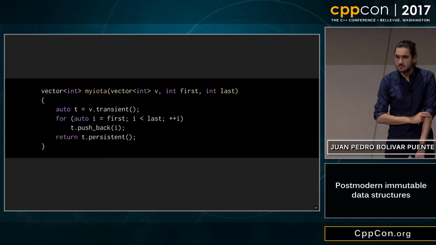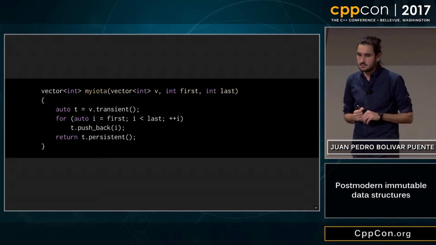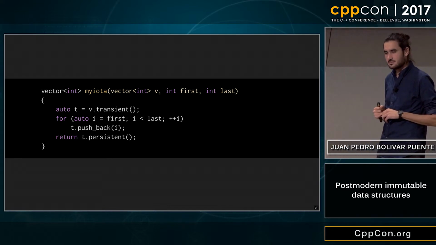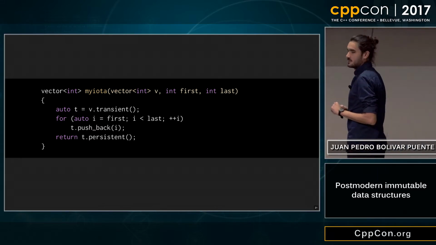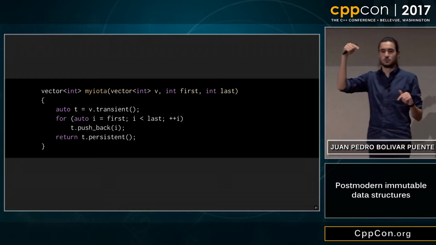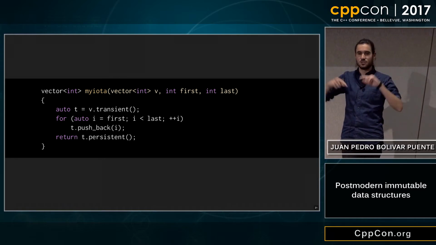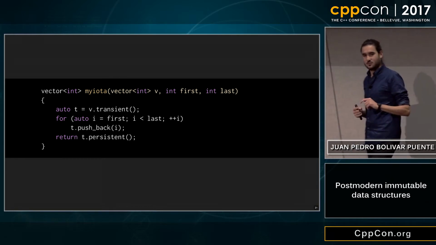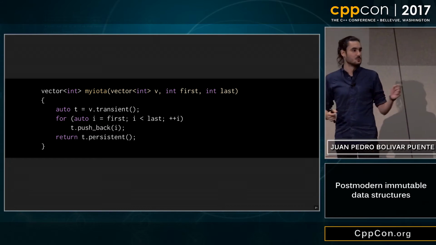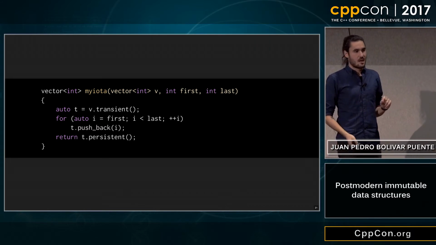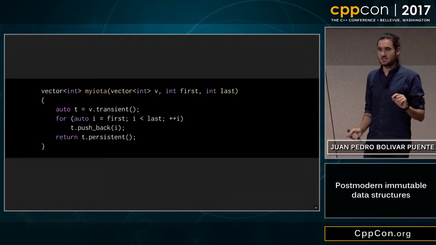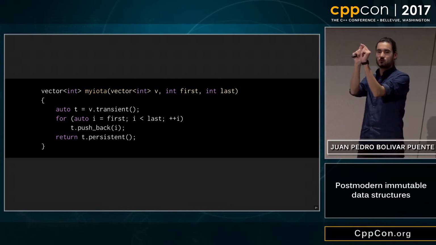Yes? How do you do traversal? Do you have to look up each element, or does it try to follow the continuous array? So the question was, how do you do traversals? It depends on which API you use. If you access by index, then you're looking them up each time. If you're using iterators, then it's going to run through one of the buffers.